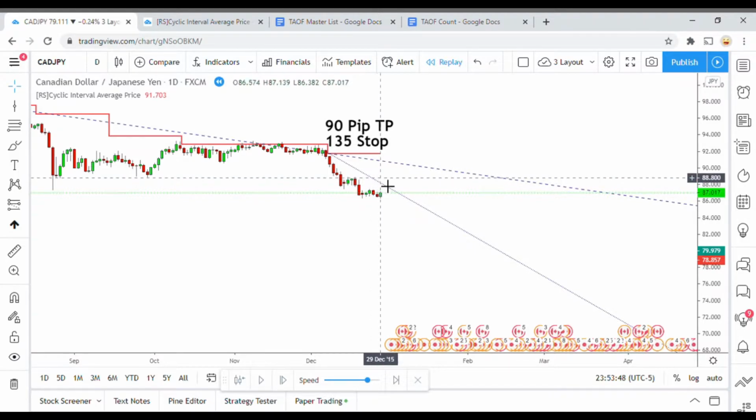It has to come up and touch one of the lines, and the next candle that follows, in this case we're looking for shorts, needs to be a red candle. The touching candle can touch the line with the body or with a wick.